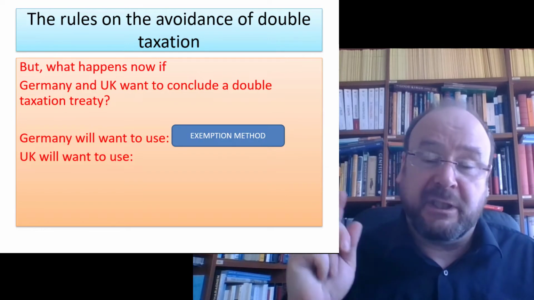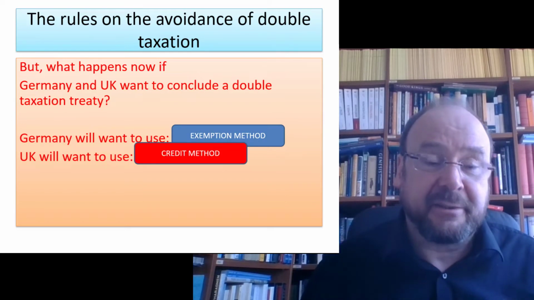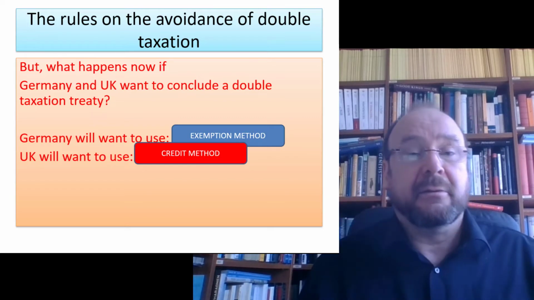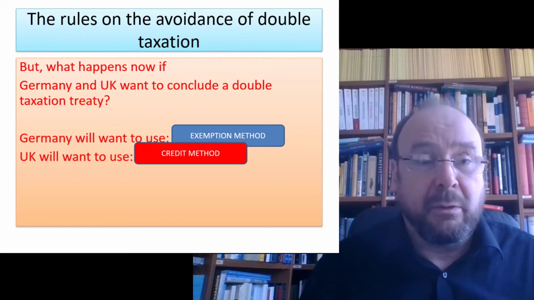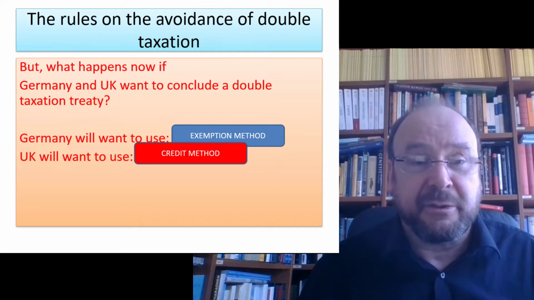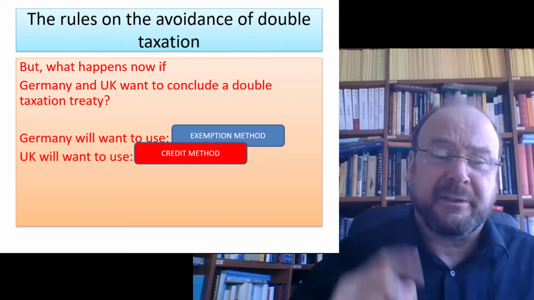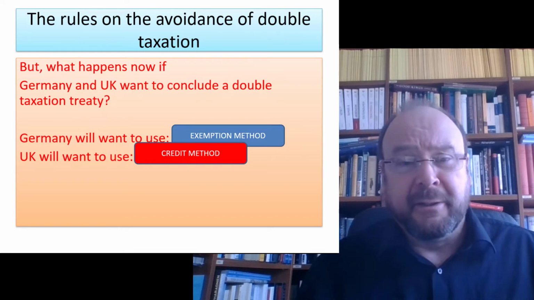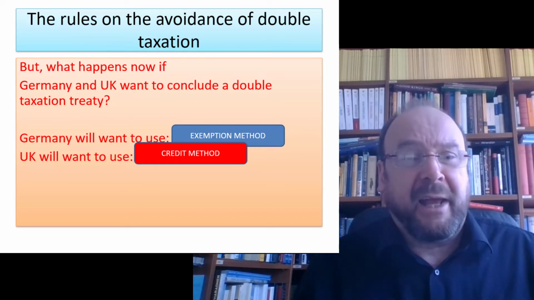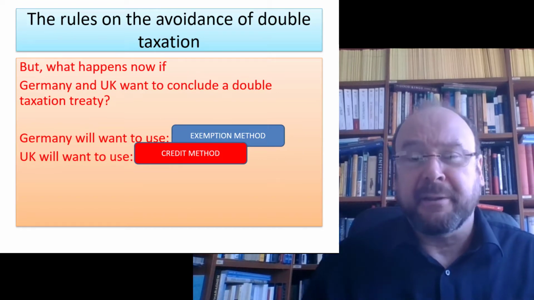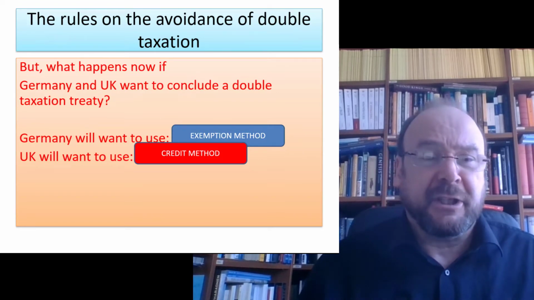And UK says we want to use credit method. Then the German says no, exemption method. And the British say no, I'll never sign that, I'd rather go to hell, I only sign the credit article. The German says no, the credit article is directly coming from hell, it's a devilish product, I'm never going to sign the credit method article. The British says no, the German says no.